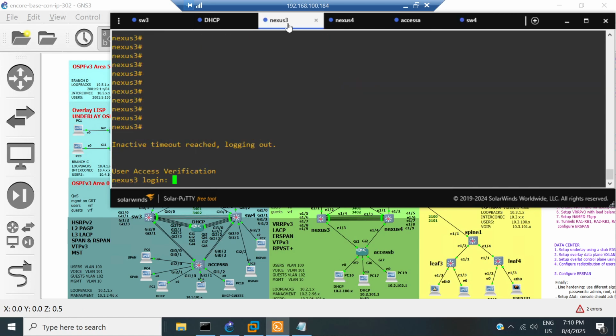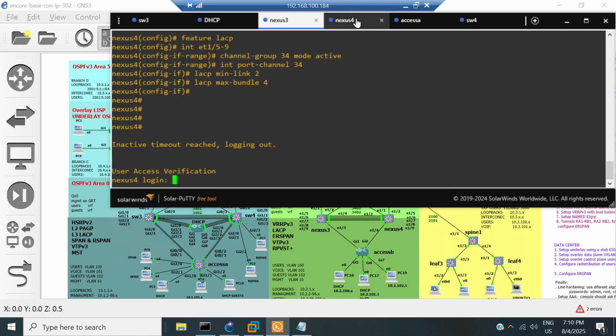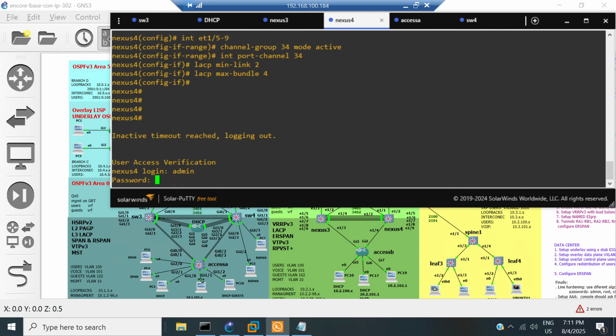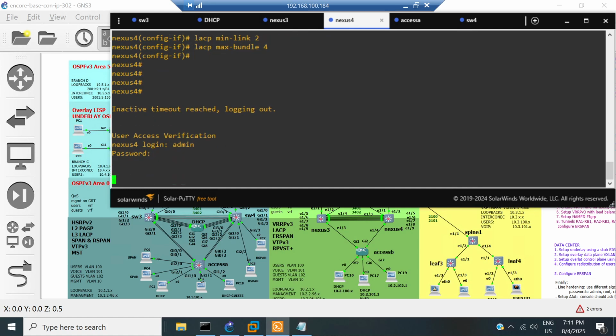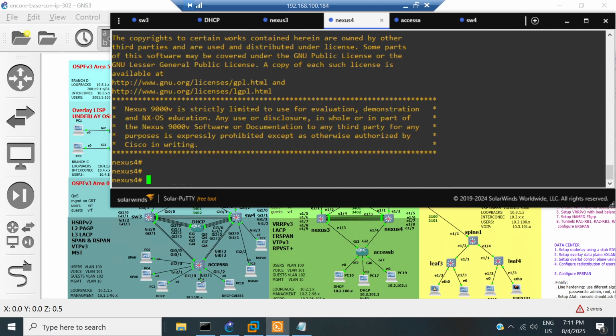Let's go for Nexus 3 and configure per VLAN spanning tree. And Nexus 4 as well. We're configuring the green network in the diagram. We are going to use per VLAN spanning tree.